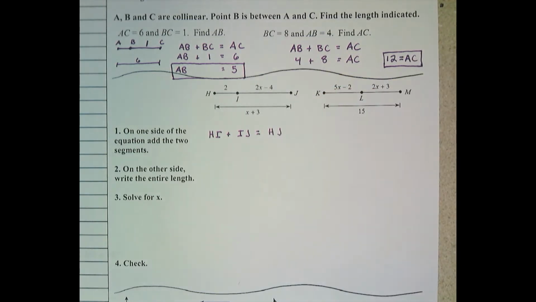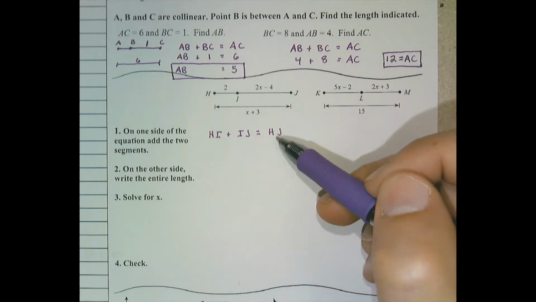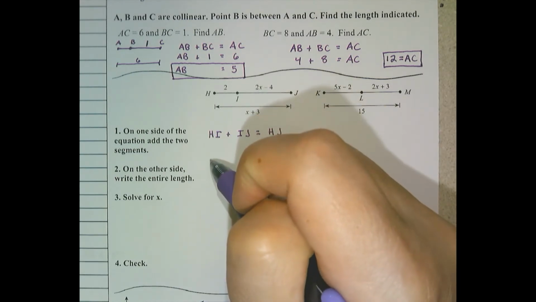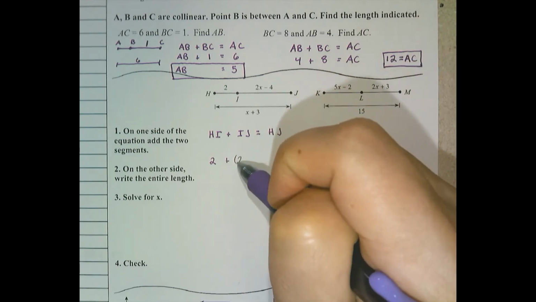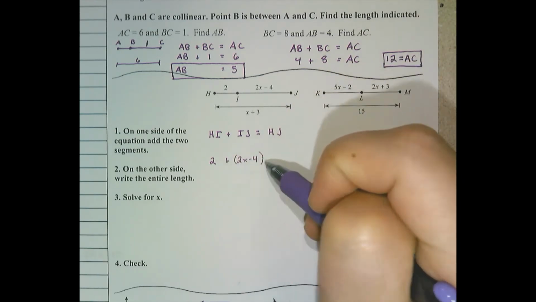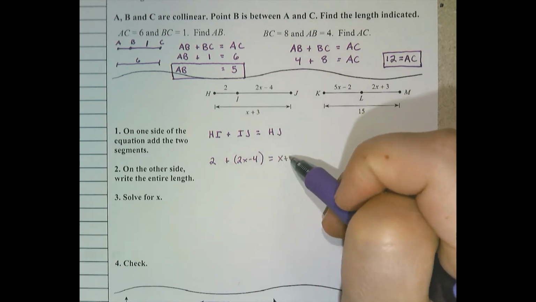And then we're just going to substitute in the values for each of these line segments. HI is 2 units, IJ is 2x minus 4 units, and HJ is x plus 3 units.